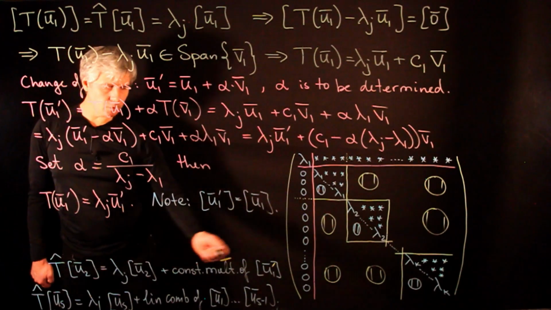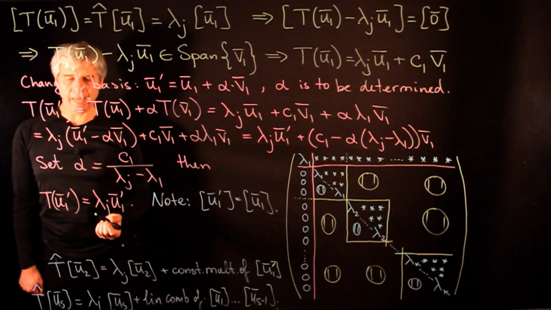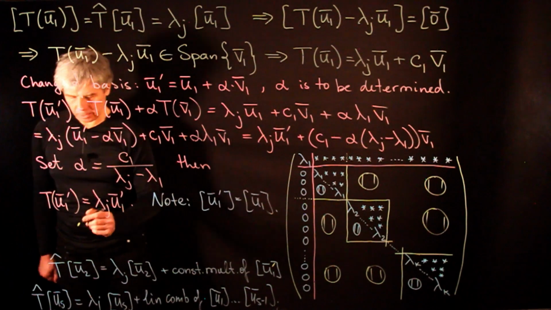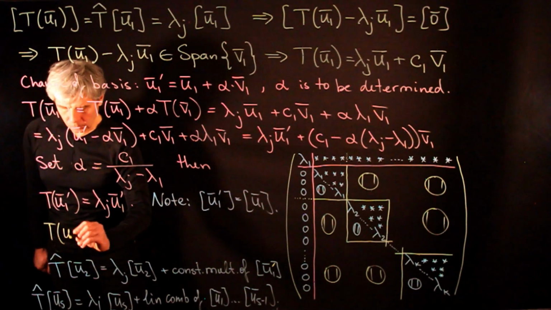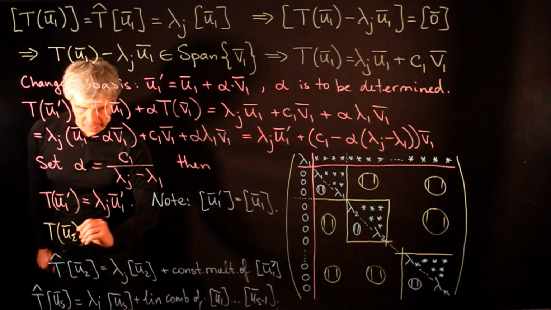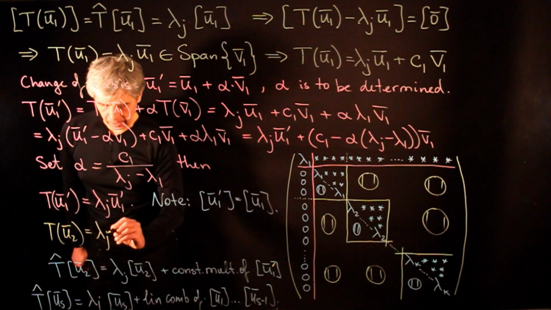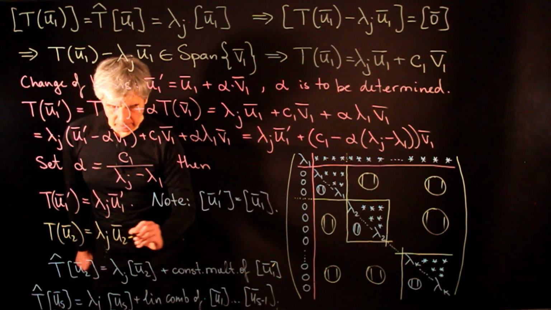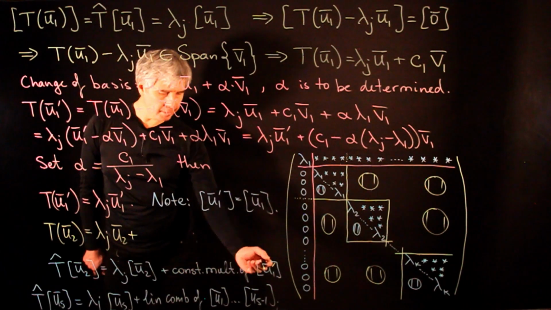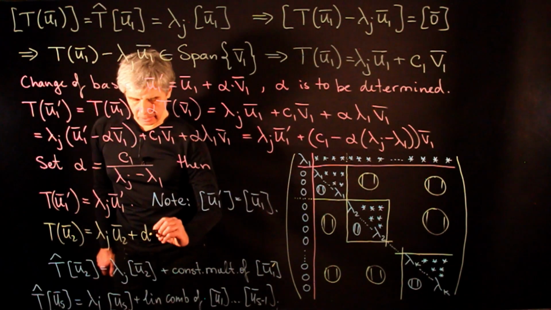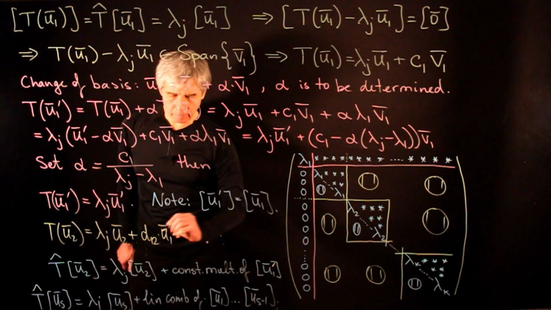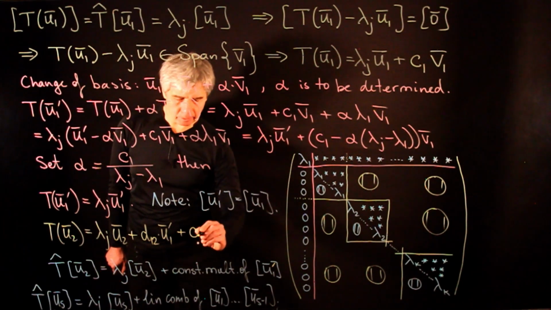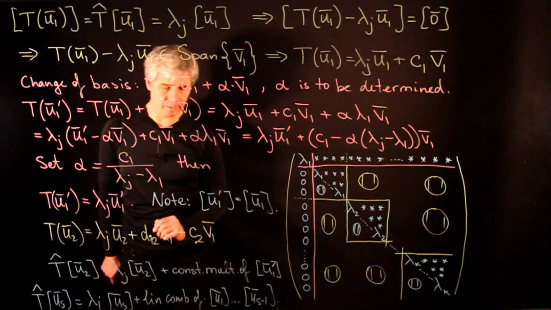Now, if we lift this formula to the operator T acting on the vector space V, we're going to get that T acting on u2 is equal to lambda j times u2 plus, let us call this multiple d12, times u1 prime plus some multiple of the vector v1.